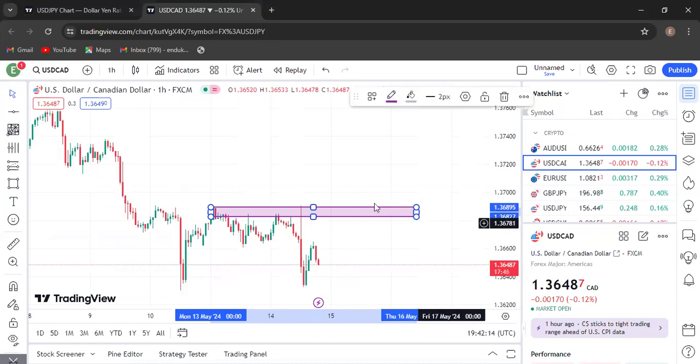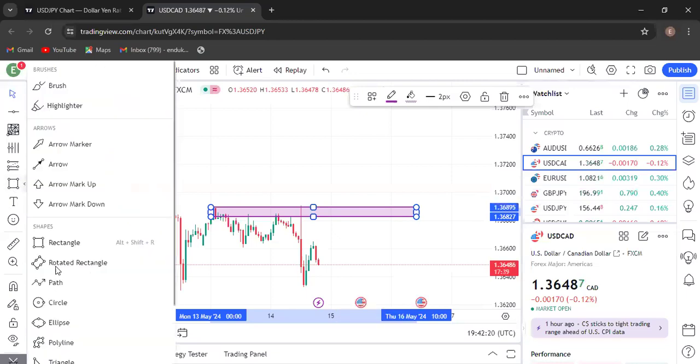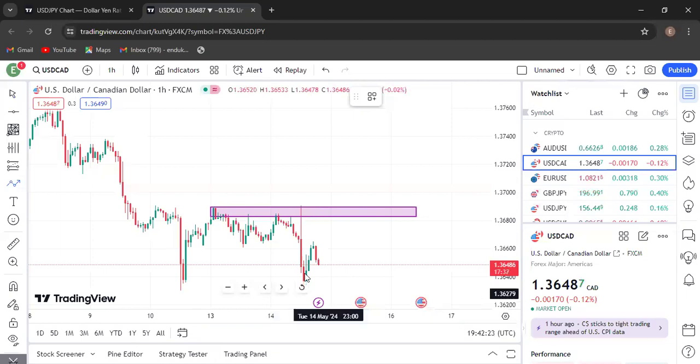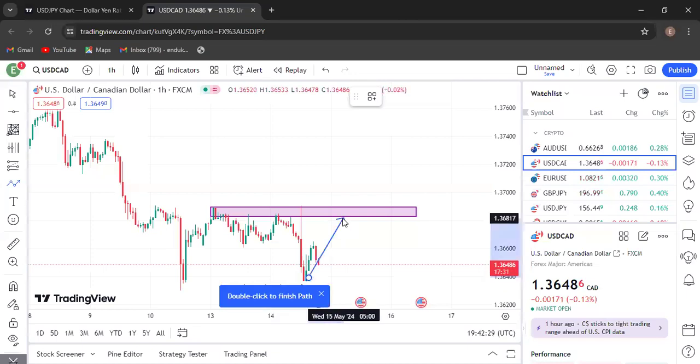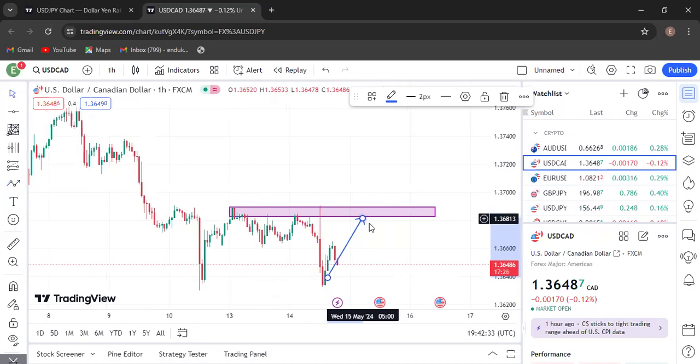So now, if the path is used in such a way, I can decide to draw this up like this: market goes up, then comes down. This is how to use the path. Then you use it for prediction.